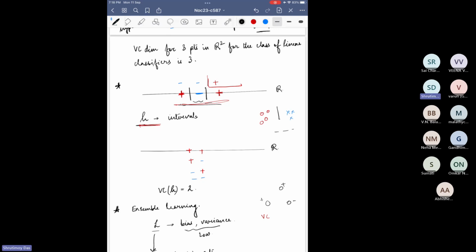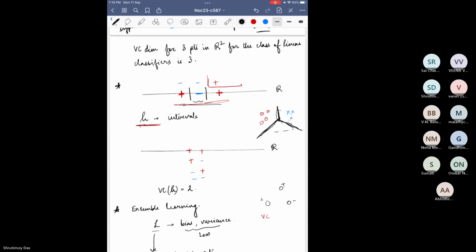If you have some hypothesis of this type, a combination of different planes, and this is able to separate your points, then, suppose here there are 11 points, we can say that this type of hypothesis will have a VC dimension of 11 if it is possible to shatter this space for all possible assignments of labels.